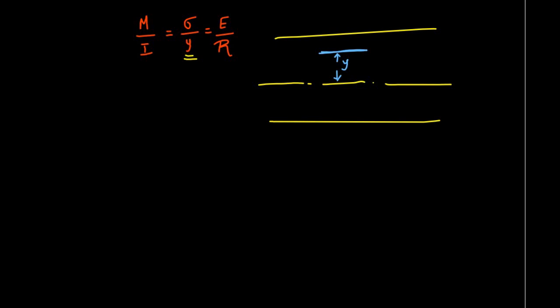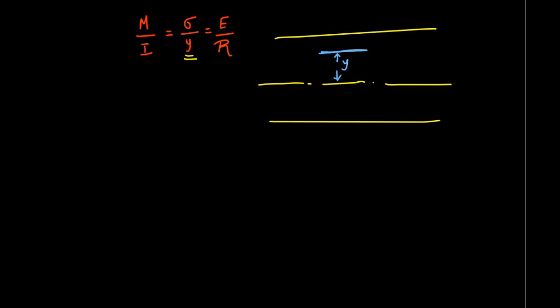Again, remember, this neutral axis is represented by this dashed line. This neutral axis is not the axis that actually passes through the center, but it is the axis that passes through the centroid of the beam. Please keep this at the back of your mind. Capital E is the Young's modulus, and capital R is the radius of curvature.